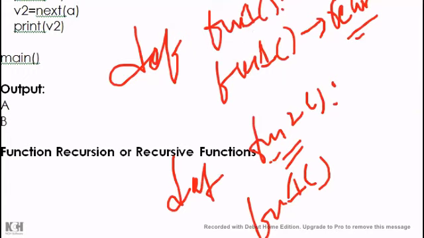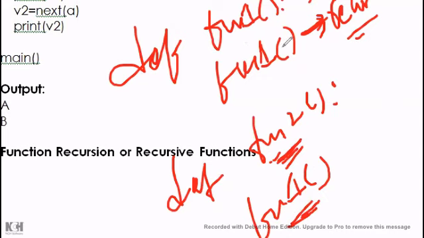In recursion, the calling function and called function are both the same. Generally, if function 2 is calling function 1, the calling function is function 2 and the called function is function 1.